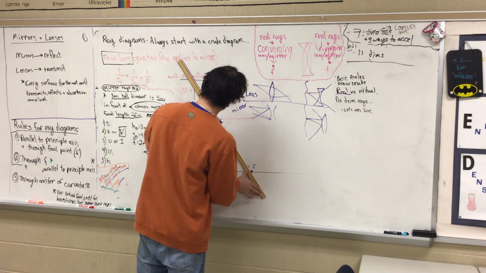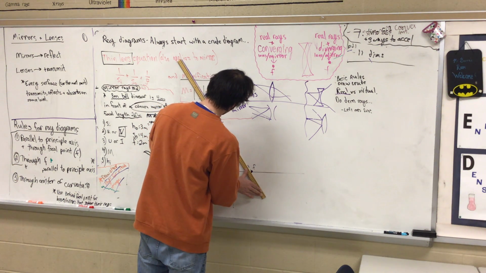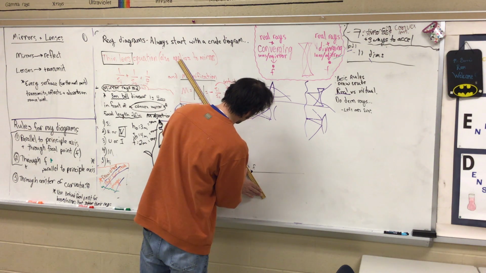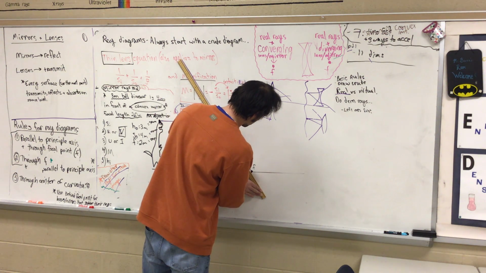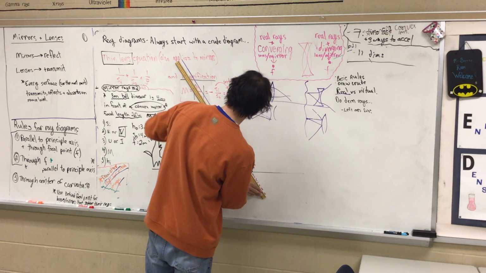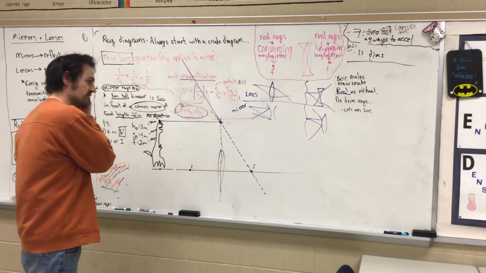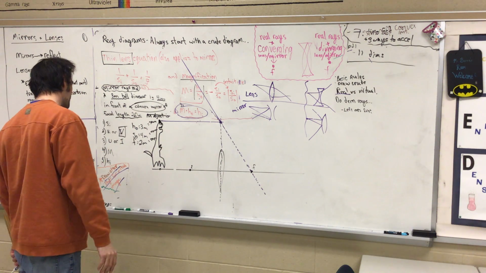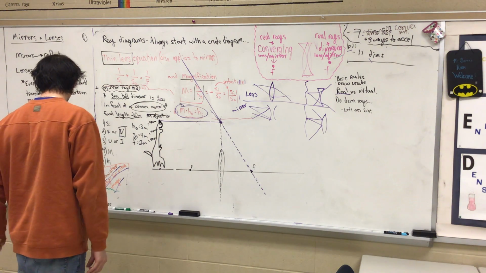And because I know it's a virtual image, I'm going to go ahead and cheat and just draw these lines in so I don't have to go back and do it afterwards. Holy cow, that's hard. Rule number 2, through the focal point and parallel to the principal axis.